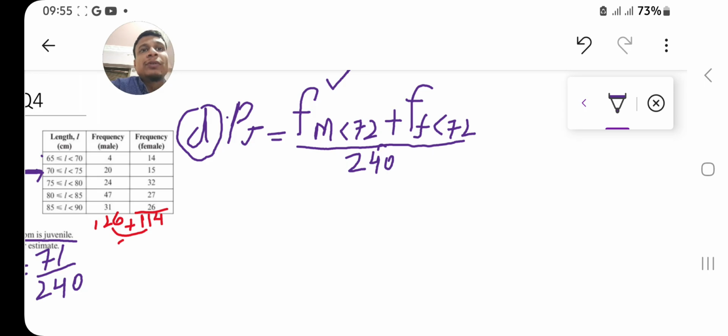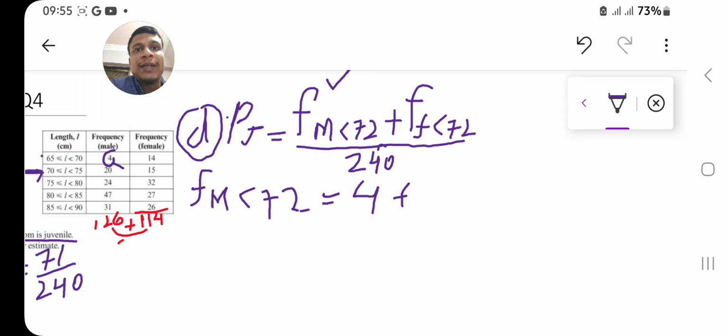Okay, so we need to first find the frequency of male less than 72 and the frequency of female less than 72. For male right now, I am finding the number of males less than 72. Just check that for less than 72, the 4 will come here directly, so we add 4, but I will not take 20 directly.